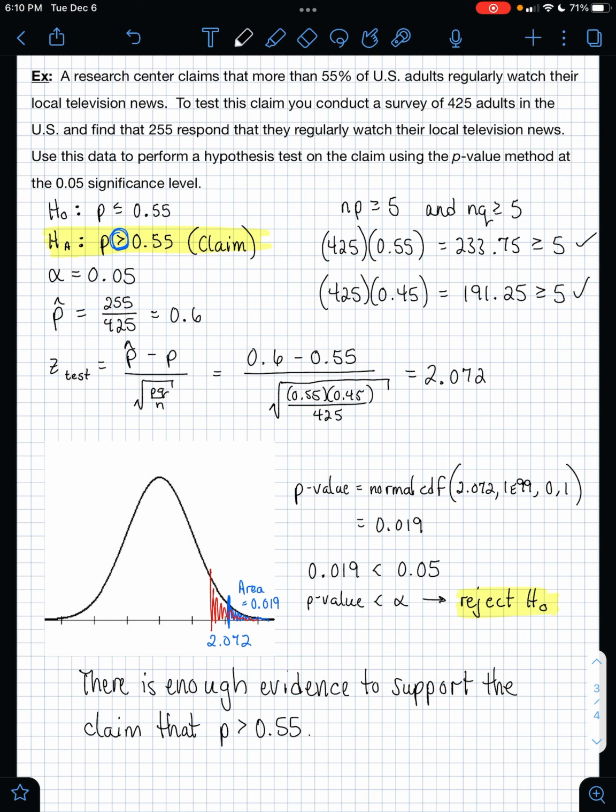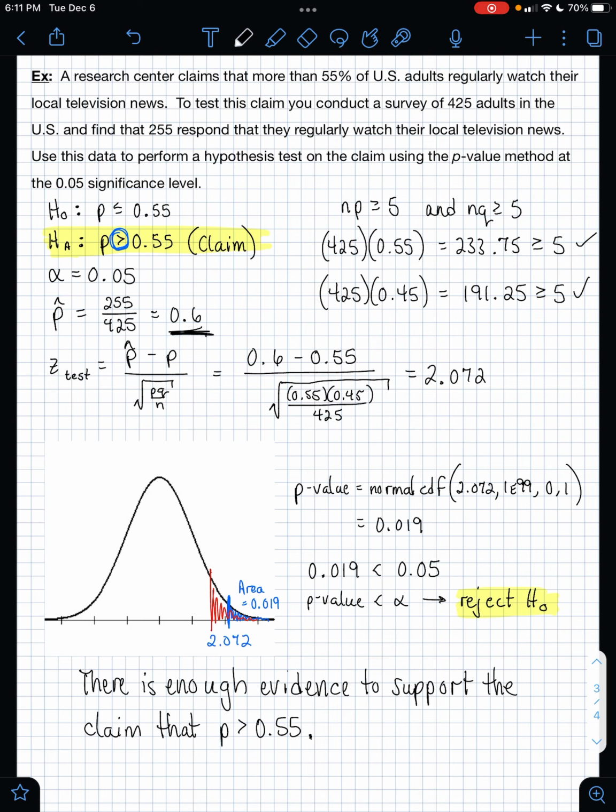Which I suppose makes sense. I mean, the claim is that the proportion is greater than 0.55, and we found a proportion that was greater than 0.55, so that certainly seems to agree with the claim, right? The hypothesis test is enough to support that. It shows that, hey, we definitely got a pretty good sample because the probability of getting a more extreme sample is very, very low. So our example was maybe a little bit on the extreme side, but it definitely supported what the claim said.